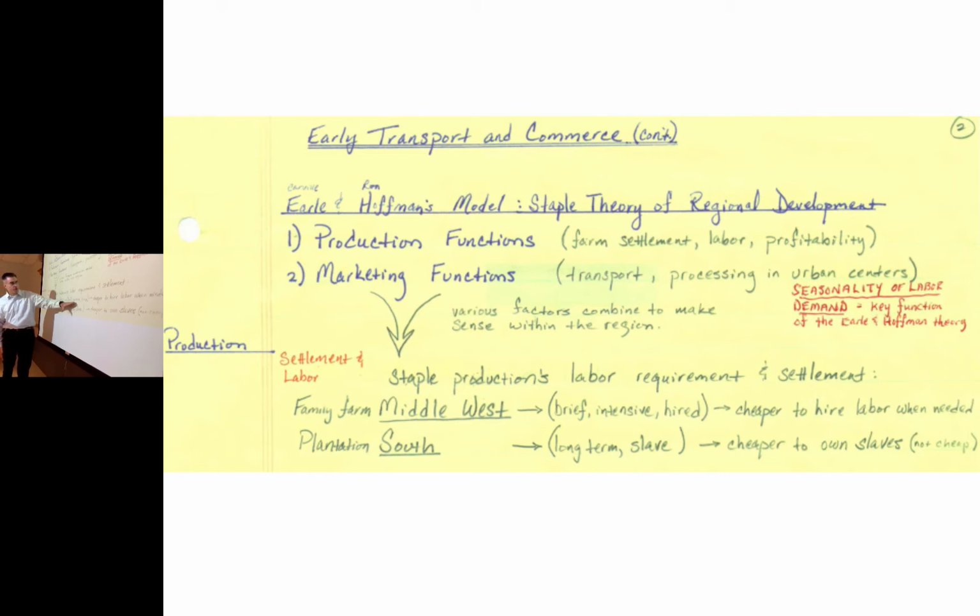Its form, and this is what Carville, Earle, and Hoffman make a big deal out of, they say that in the Middle West, the types of crops that they're producing involve fairly brief periods of labor. It's very intensive. And when you have intensive, brief periods of labor, you hire out the labor, or you hire free labor, and you would never be able to justify slavery.